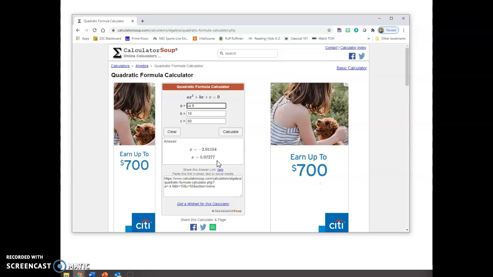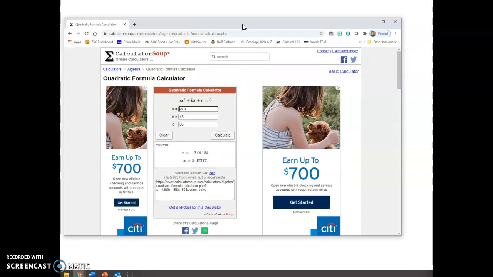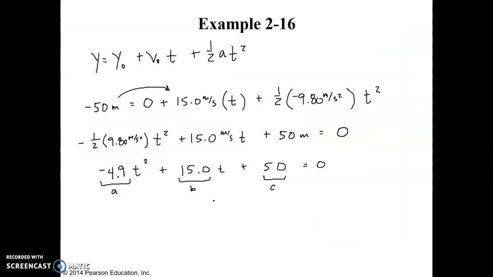So we need to think to ourselves, which of these in the context of our problem makes sense? Well, what we're finding here is time, the amount of time spent in the air. So the negative doesn't work. That doesn't make sense, that we'd be going backwards in time. So it's got to be the positive 5.07 seconds.